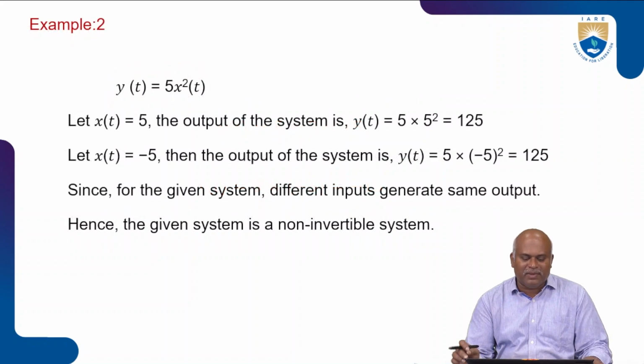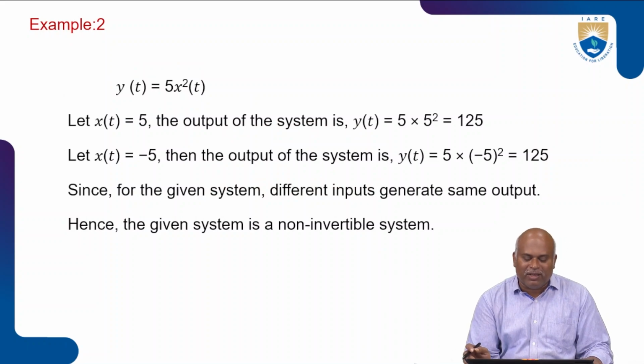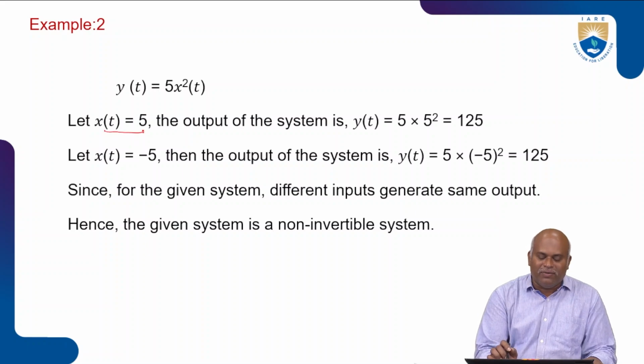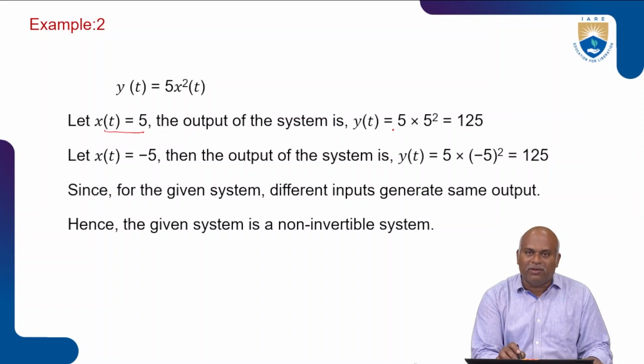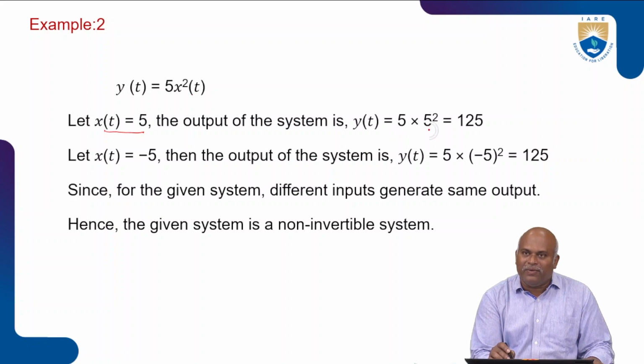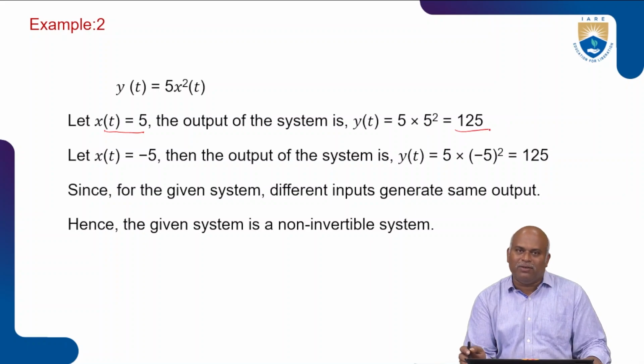At the same time, take another example, y of t equal to 5x square of t. Now I give the input x of t equal to 5. The output is y of t equal to 5 into x square, which is 5 into 5 square, that is 125.